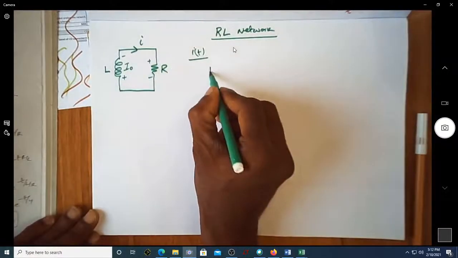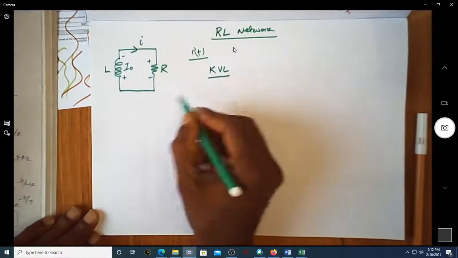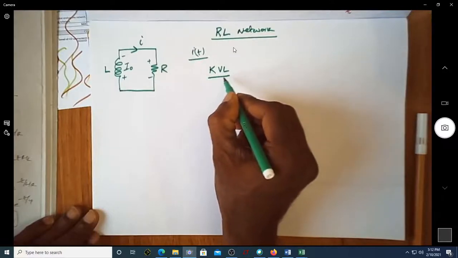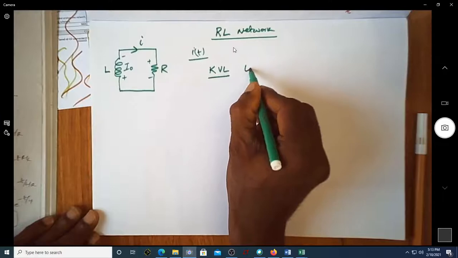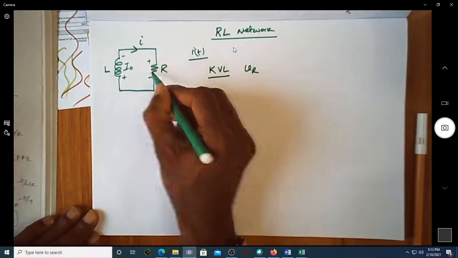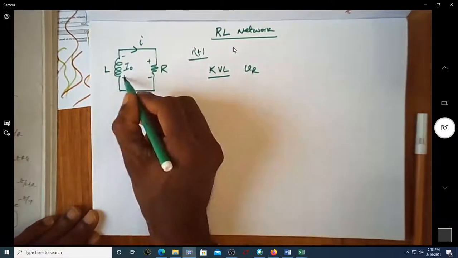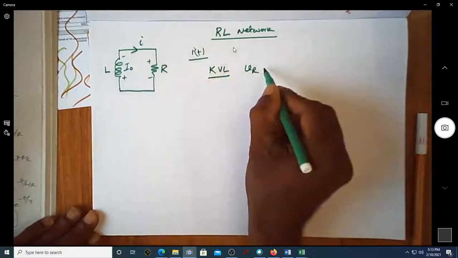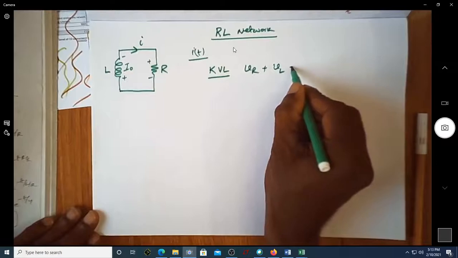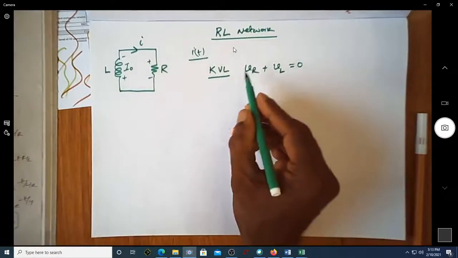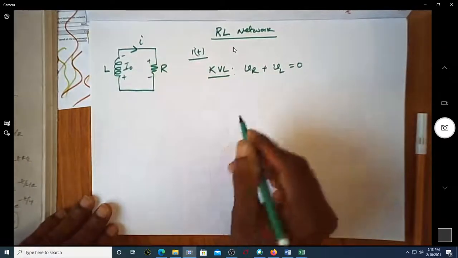By applying KVL to this circuit, I can write the drop across the resistor as VR. Since it is a voltage drop, I am taking it as positive, and there is one more voltage drop, which is the voltage across the inductor. Let me write VR plus VL is equal to 0. So this is my KVL for this loop.